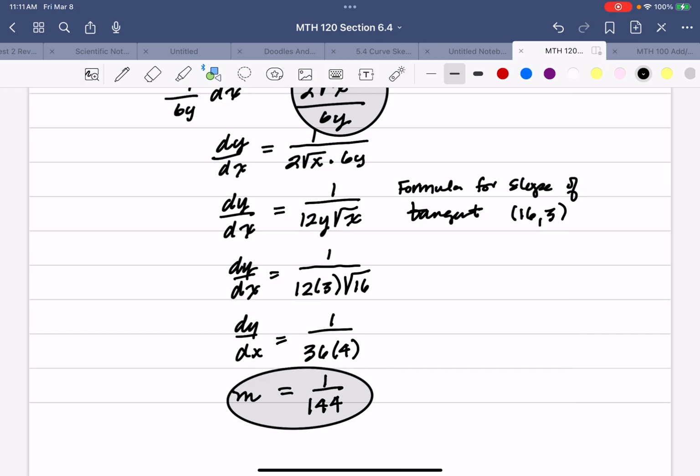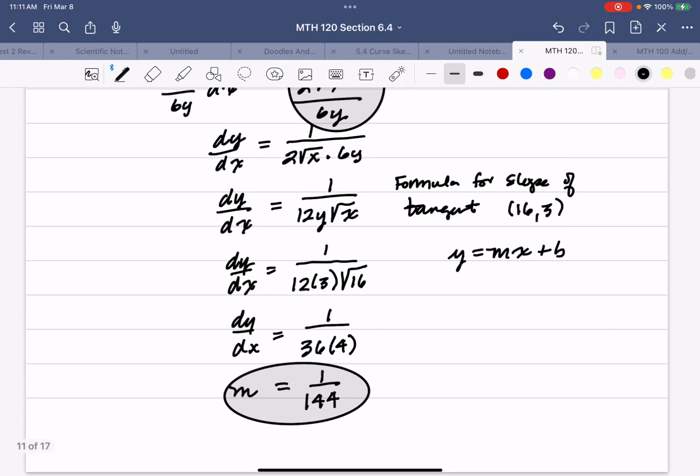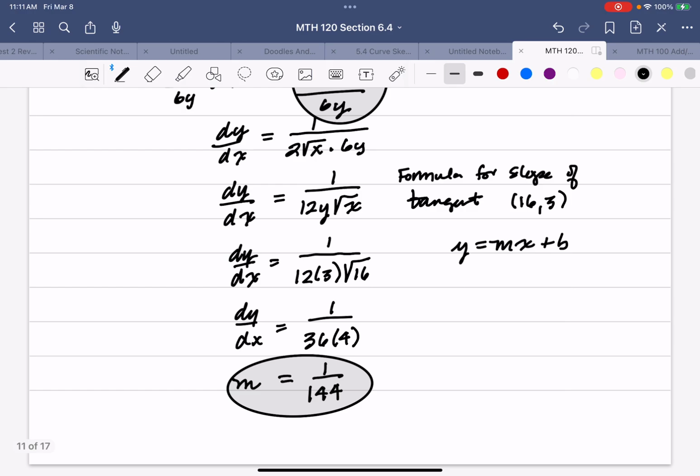So now, using the formula for the equation of a line, y equals mx plus b, I'll substitute all the parts I know. y is 3. m is 1 over 144. x is 16, plus b.